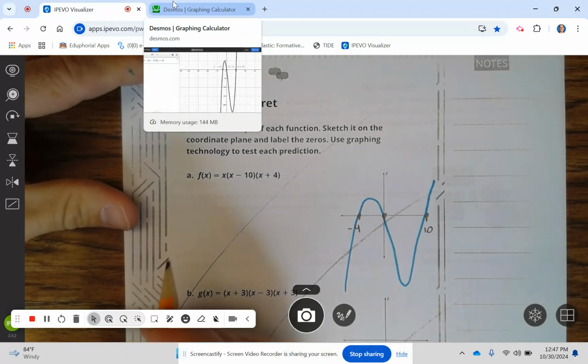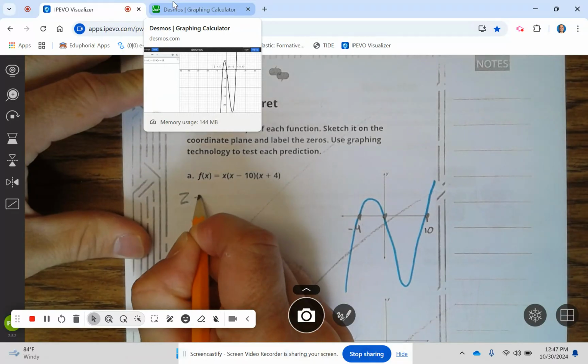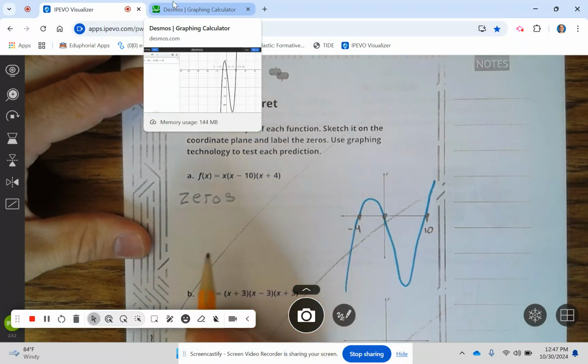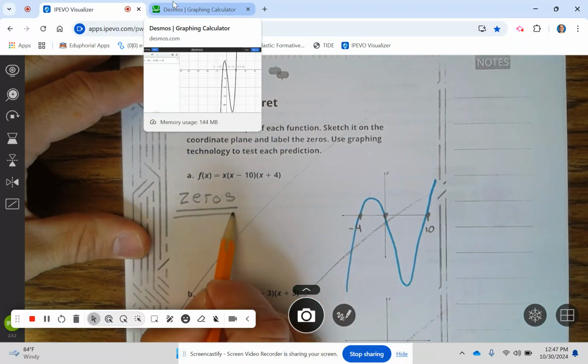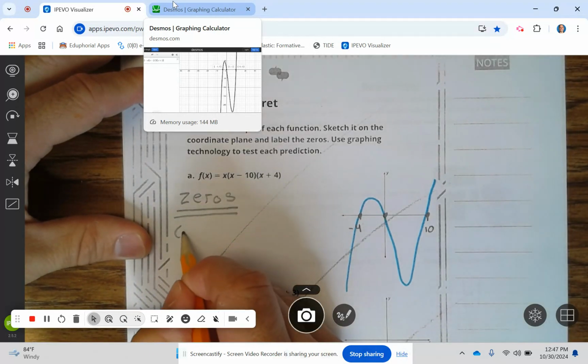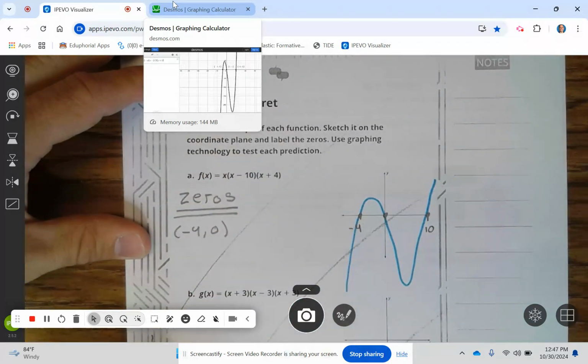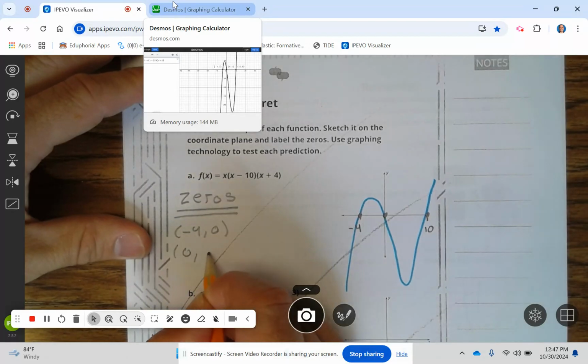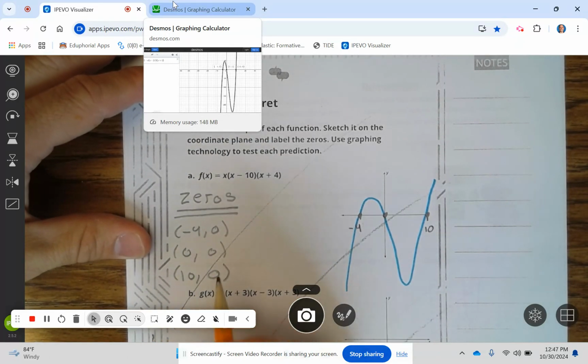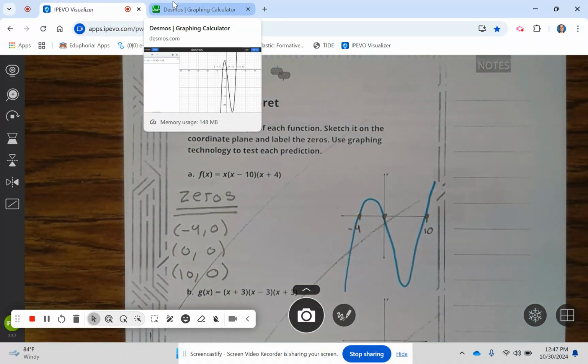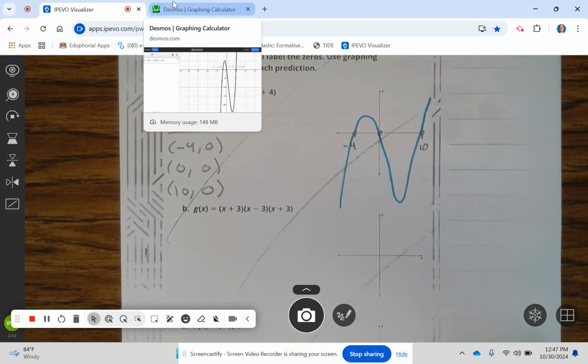And then our zeros are -4, 0, 0, 0, and 10, 0. All right, go ahead and finish up part A. All right, let's take a look at B.